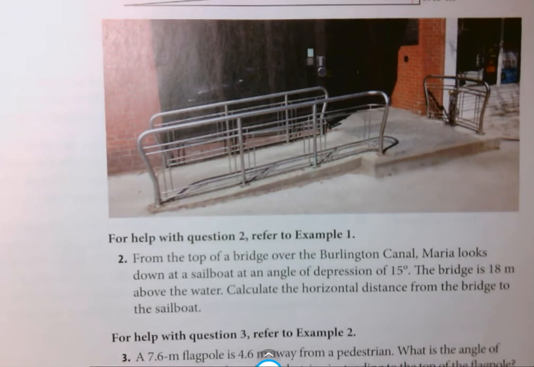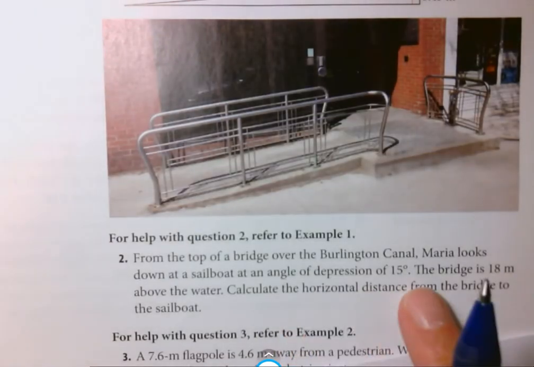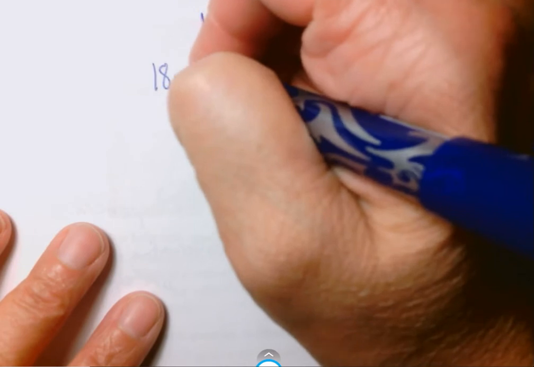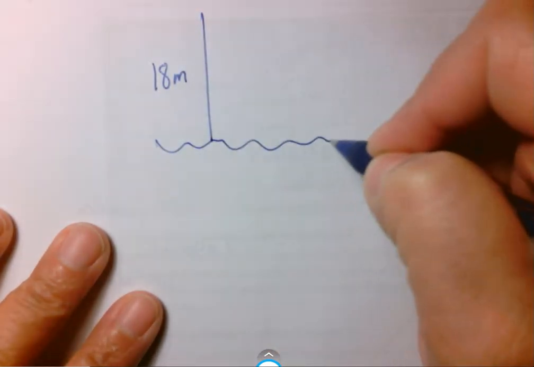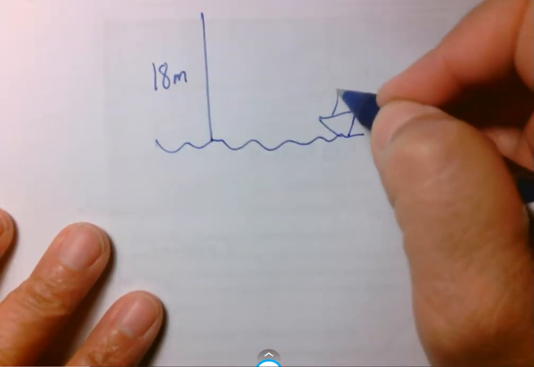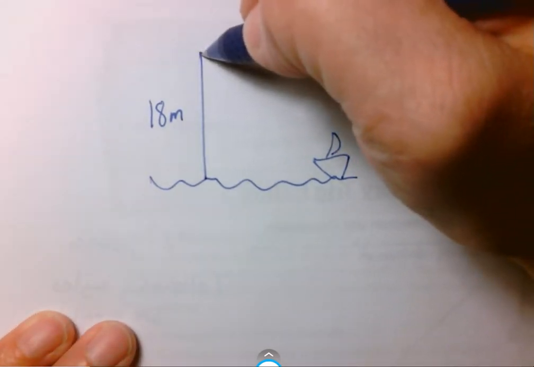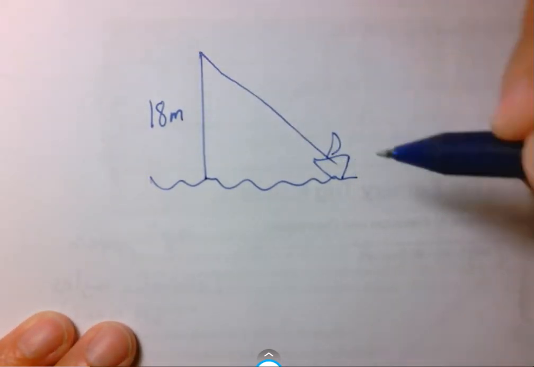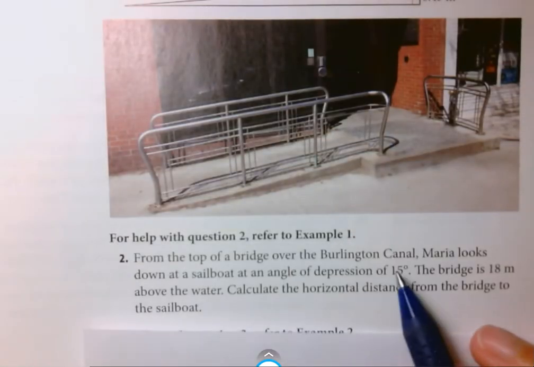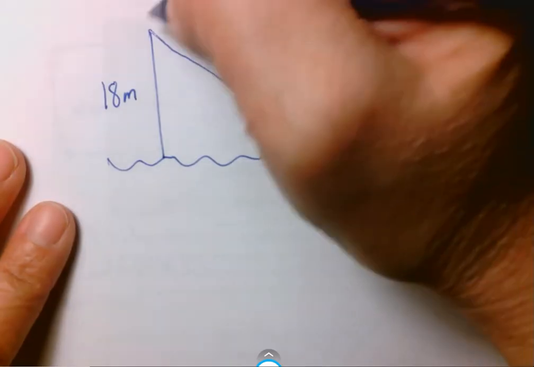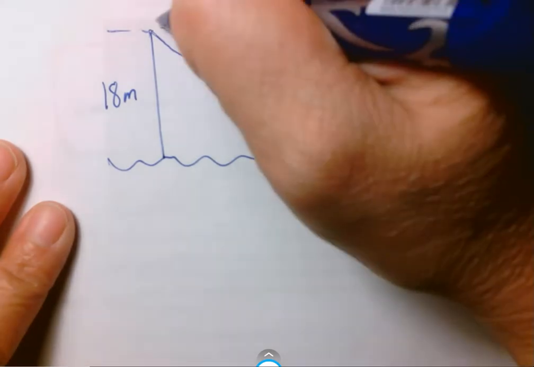Okay, so she is standing at the top of a bridge here that it's telling us is 18 meters above the water. So here's 18 meters. Here's the water. Okay, there's a sailboat in the water. All right, and she's standing up here and she's looking down at the sailboat. Okay, and now it's telling us that she's looking down with an angle of depression of 15 degrees.